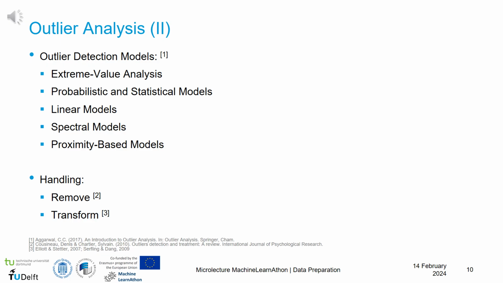Or sometimes you can also transform the data. So, for example, you impute it with a mean. That has the disadvantage of distorting your data distribution. So just think carefully about how many outliers you have and what implications that would have on your further data analysis.